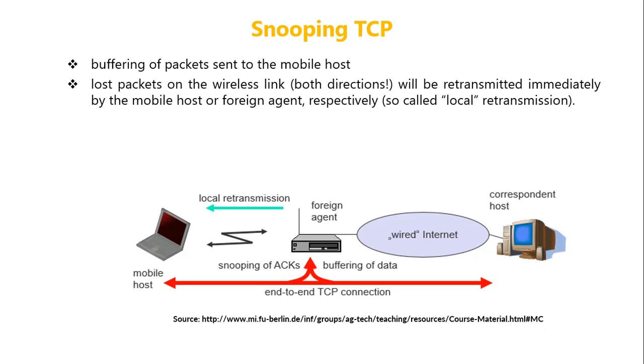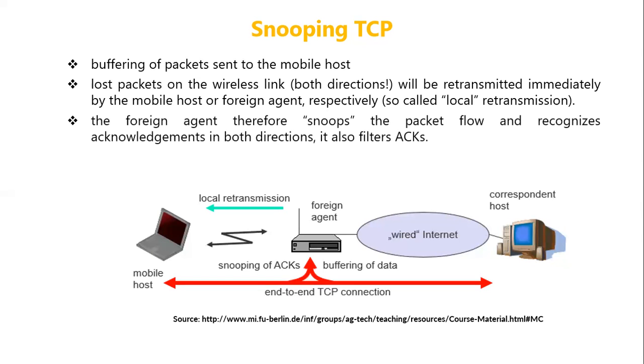It is more transparent in the sense that in indirect TCP, the acknowledgement will be sent by the foreign agent before the packet reaches the destination. But that will not happen in case of snooping TCP.